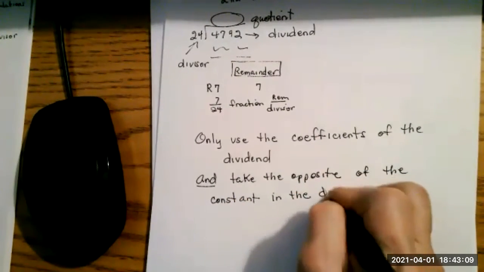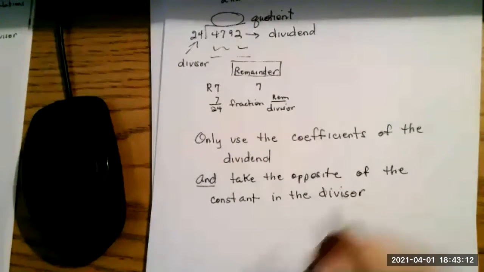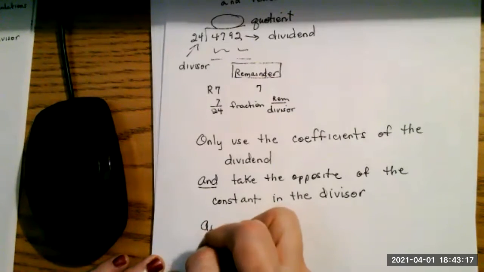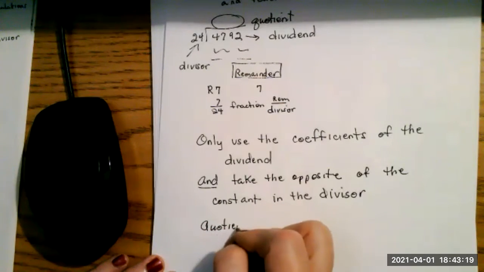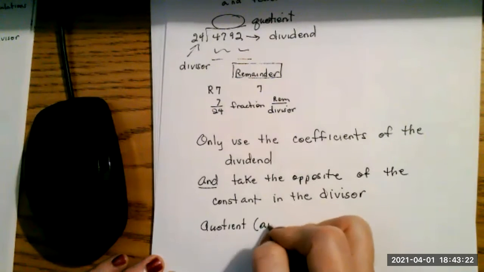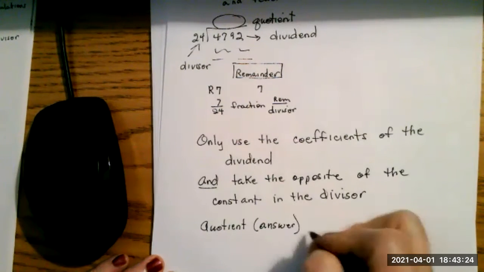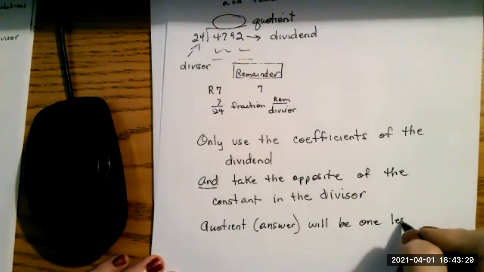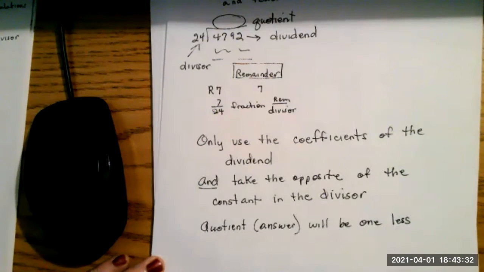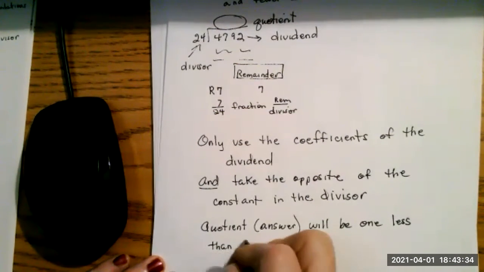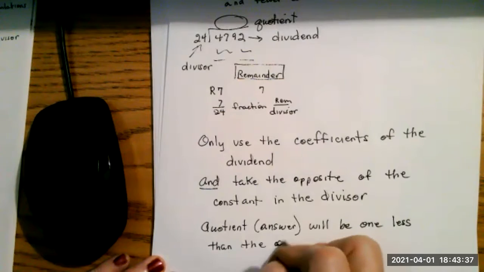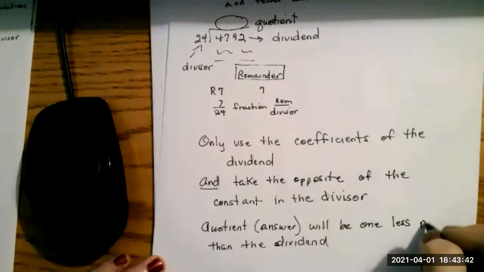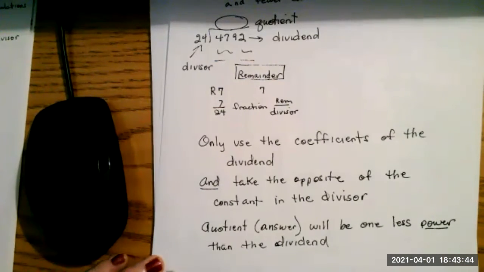And I'm going to show you what that means in just a minute. The other rule is the quotient, which is the answer, will be 1 less power than the dividend.